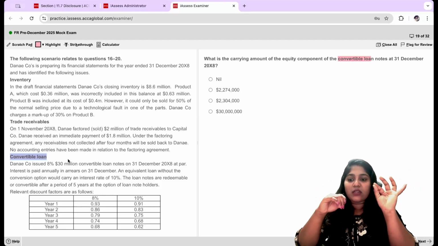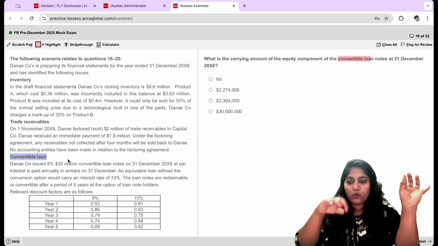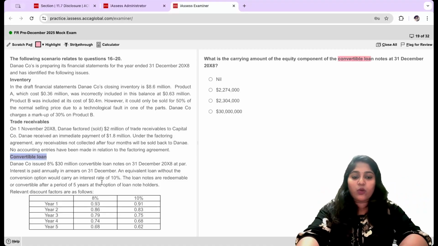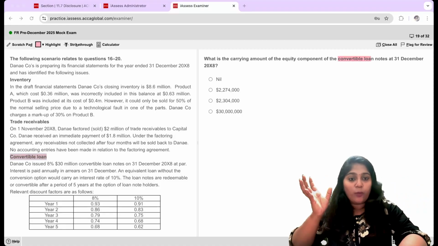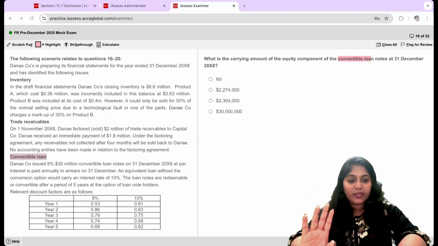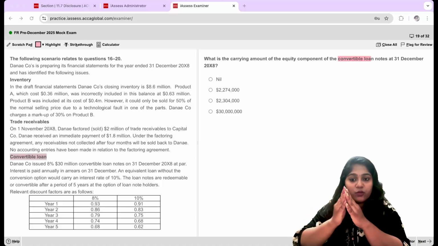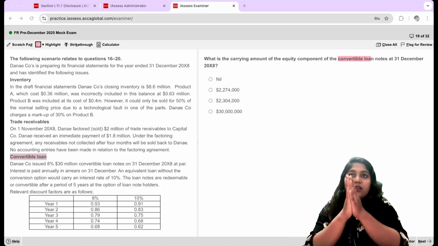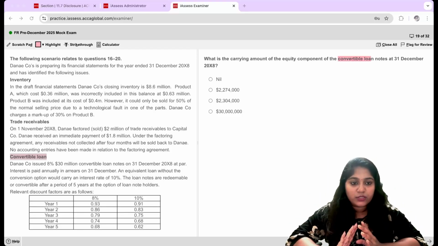The loan notes are redeemable and convertible after a period of 5 years at the option of loan note holders. Good. Now what do we have to do? We have to understand how the debt component of convertible loan notes is calculated. The debt component is calculated as the present value of all the future cash flows at the market rate of interest.